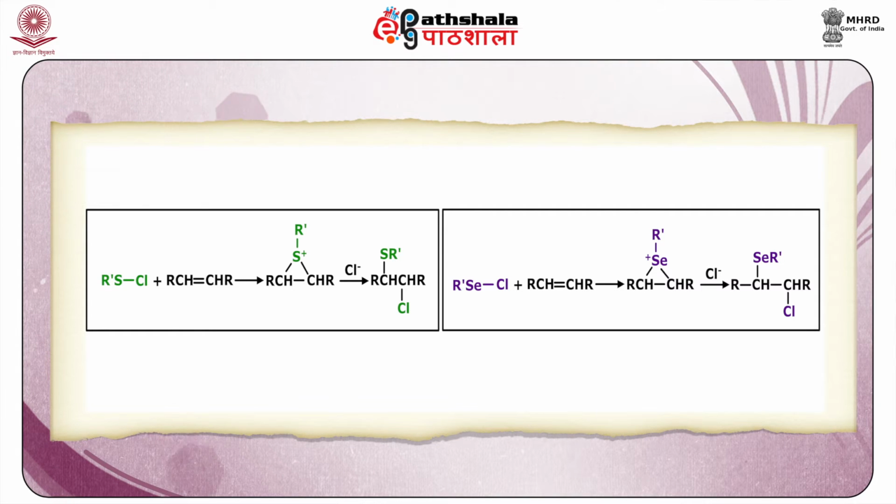The resulting product will be the anti product and it will follow the Markovnikov rule. You can notice in both of these examples, RSCl and RSeCl, that addition is happening to the alkene and the intermediate is this bridged intermediate.